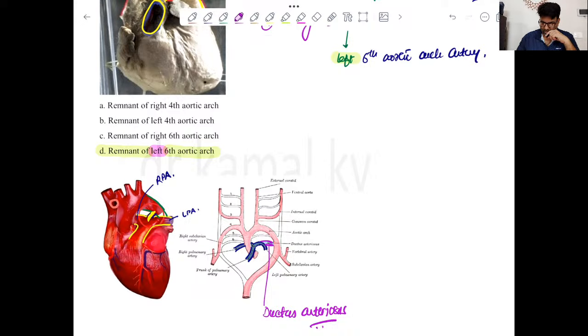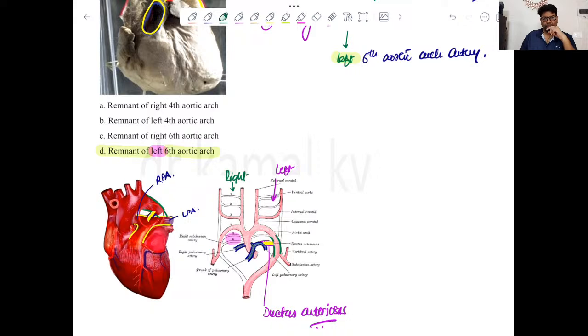And then this is all aorta. So this structure is ductus arteriosus, and it is derived from the sixth aortic arch artery, but on the left side. So this is the left side, this is the right side.